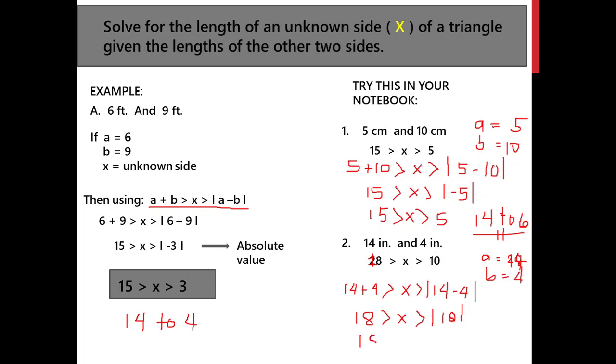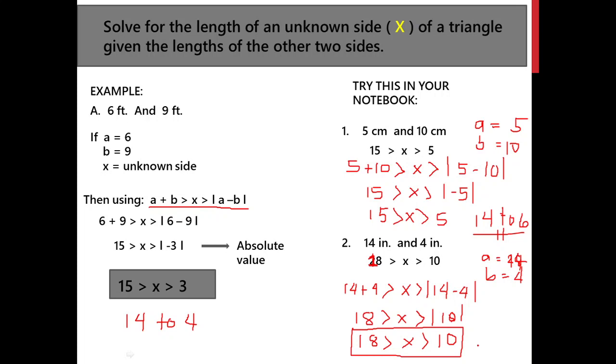So you have 18 and 10. So these will be our possible values of the third side. Kindly check this one. So if you get 18 greater than the third side and the third side is greater than 10, then you are correct.